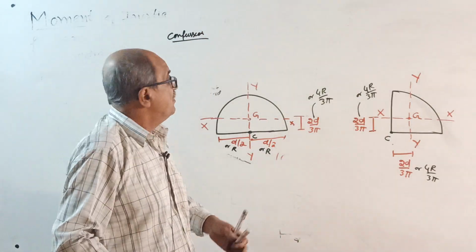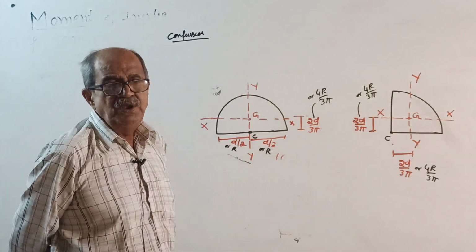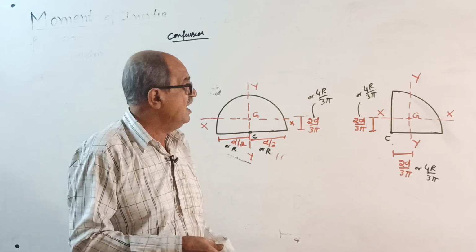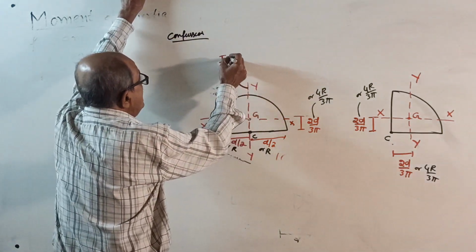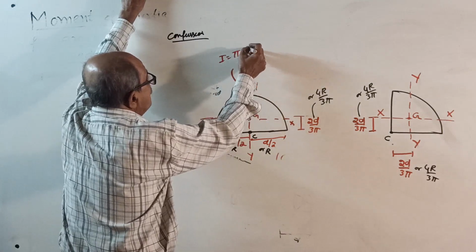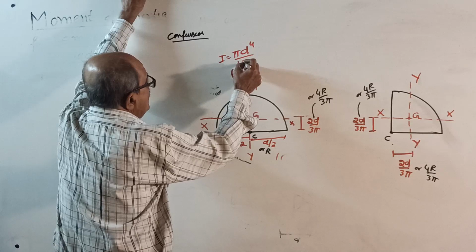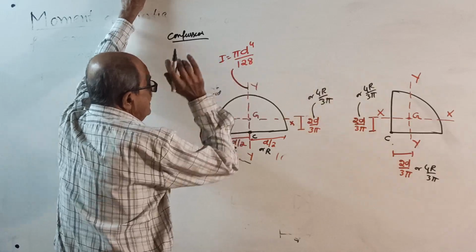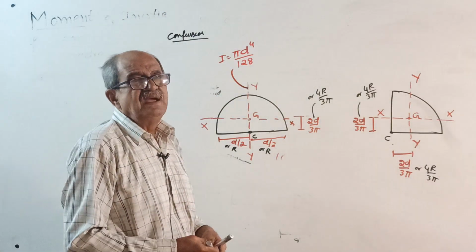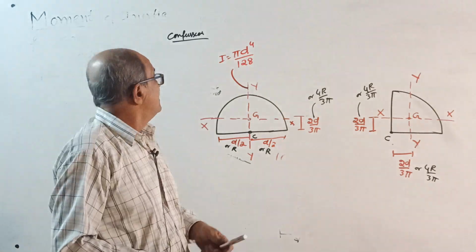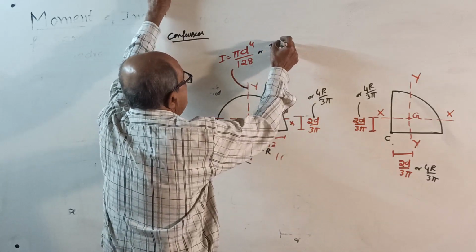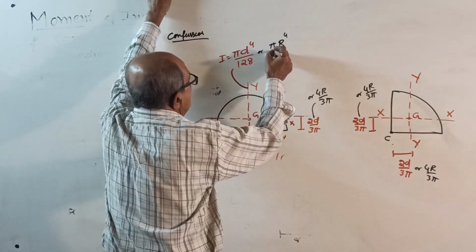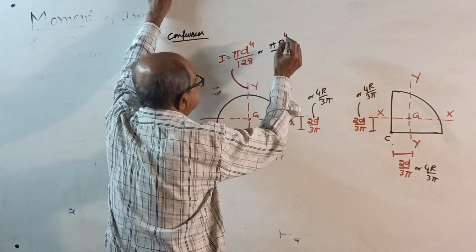First you write. When you write the expression for moment of inertia, remember I about this axis will be pi d power 4 by 128. That is the expression in terms of diameter. Radius I will give later. Or if you want it in terms of radius, it is pi r power 4 by 8.